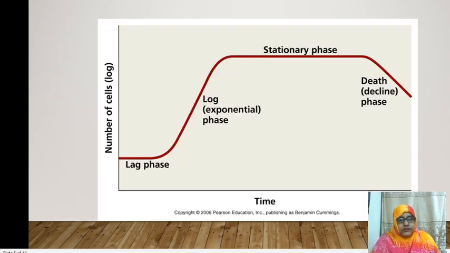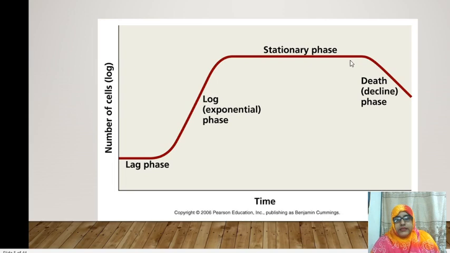In the graph you can see here, the first one is the lag phase, the preparation time for the bacteria to grow. Then the exponential phase, where bacteria increase in number. Then the stationary phase, static phase. You can see here, if 2 bacteria grow, 2 bacteria die. If 40 bacteria grow, then 40 bacteria die. It's a static phase.